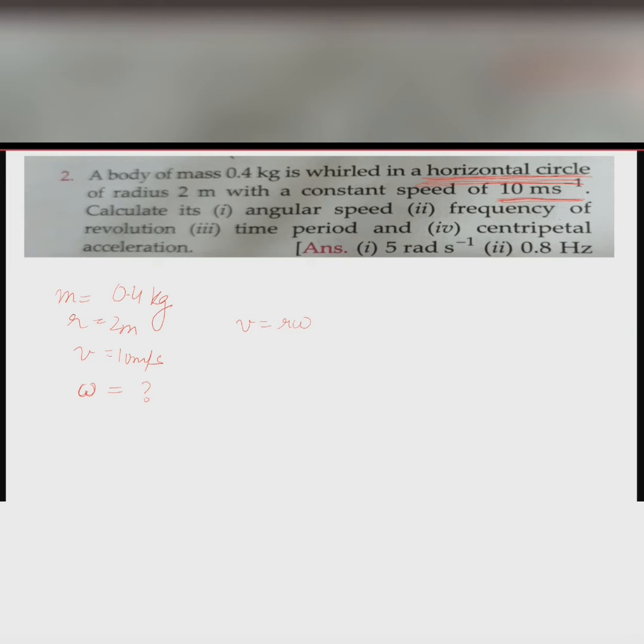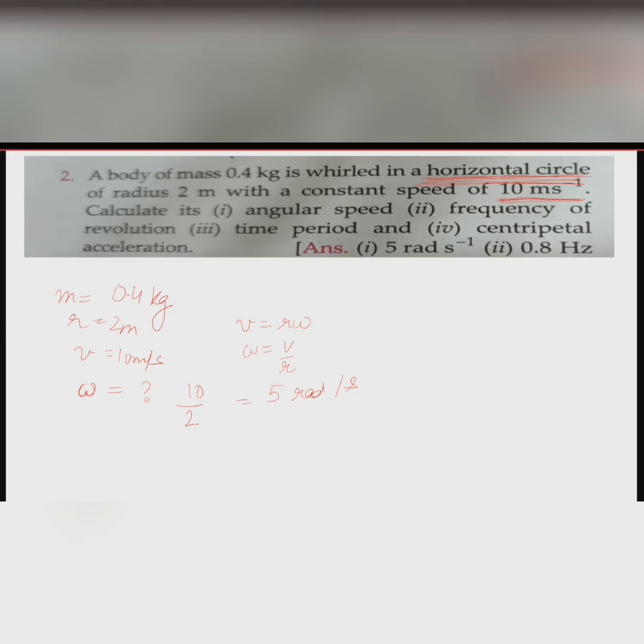Linear velocity is equal to angular velocity multiplied by the radius of the circular path. So this gives us omega as v by r. So 10 by 2. What do we get? 5 radian per second. This would be the angular speed.